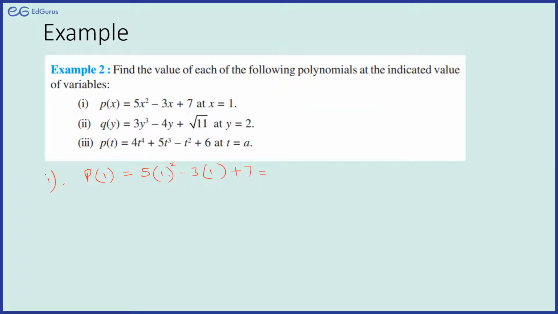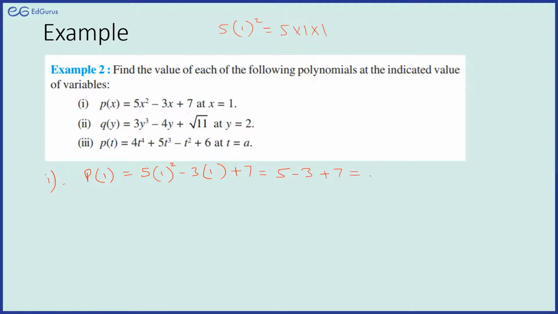So what is 5 times 1 square? Not 5 square, 5 times 1 square. That is 5 times 1 times 1, so it is 5. What is minus 3 times 1? -3. Good. And plus 7.